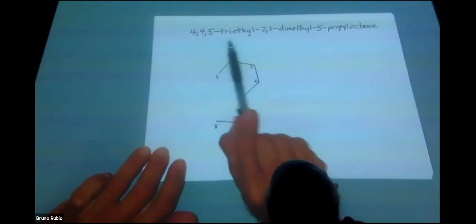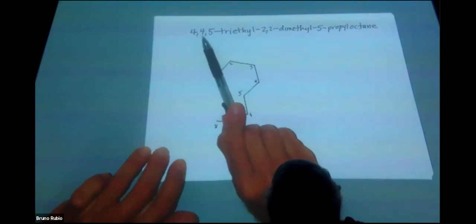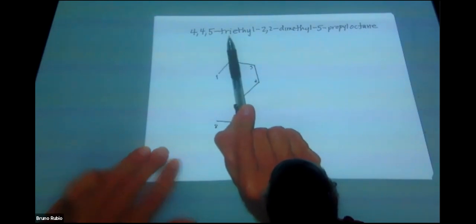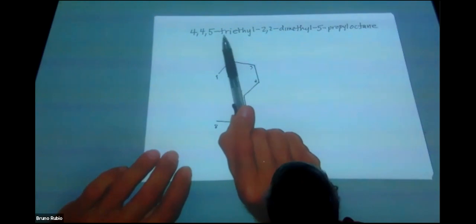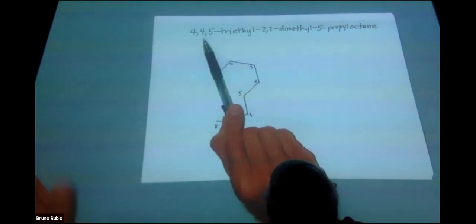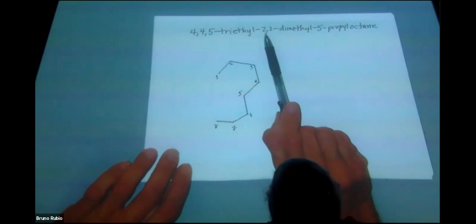Okay, and notice this is a pattern that we always see. I see 3 numbers, 4, 4, 5, and what follows immediately after? Tri, the replicating prefix. So the replicating prefix always follows the appropriate number of numbers, right? 3 numbers, then you see tri. Over here, 2 numbers. I see 2 2s.